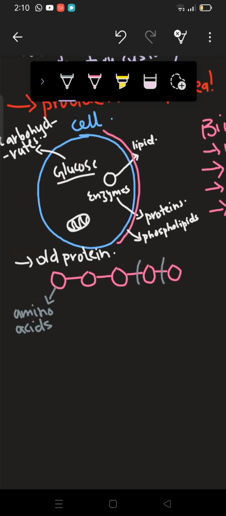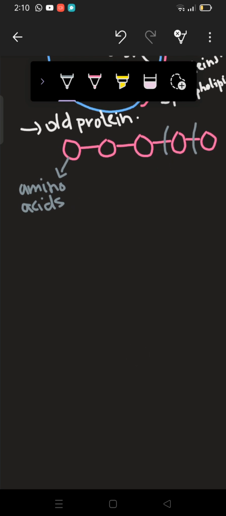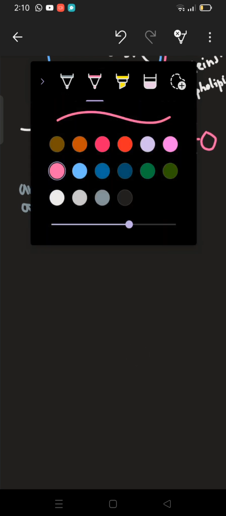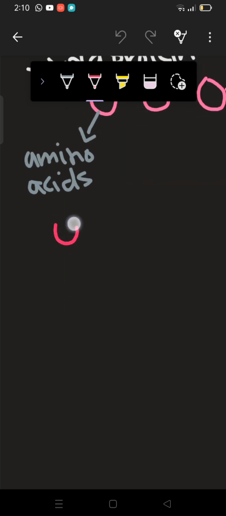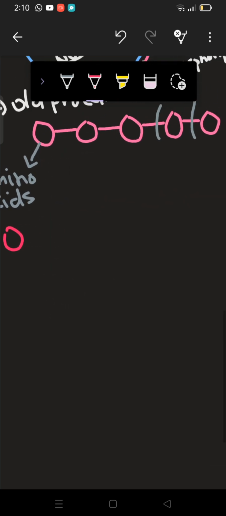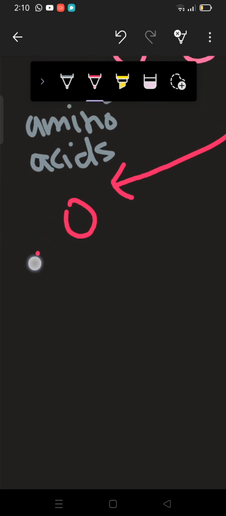This is broken down, again this is broken down, so now we have single amino acids. Let me make a single amino acid structure so that it is clear to you. This is one amino acid which we have taken from this.